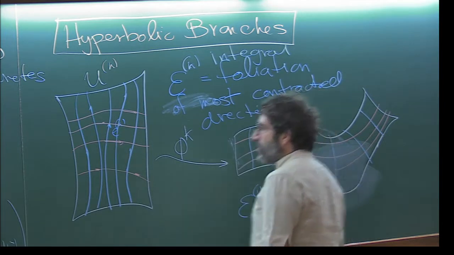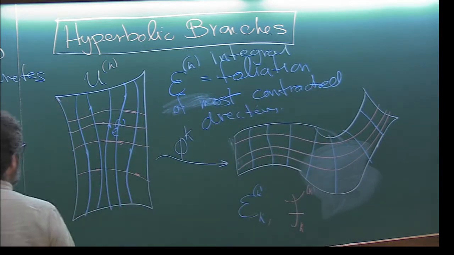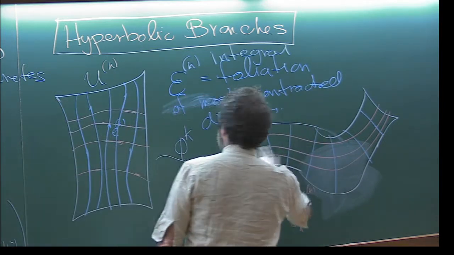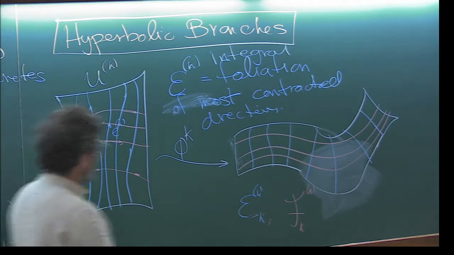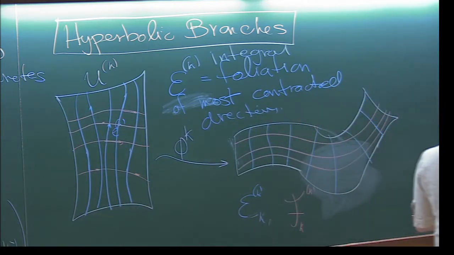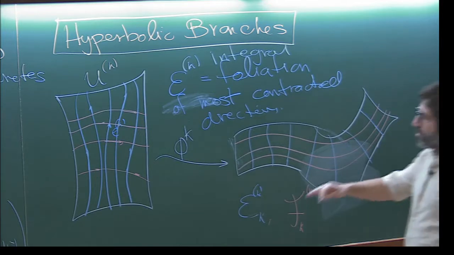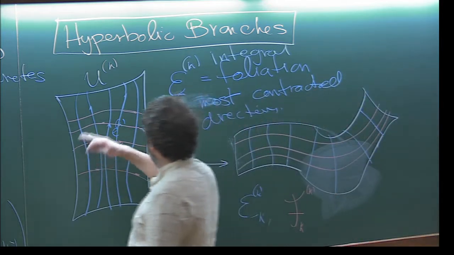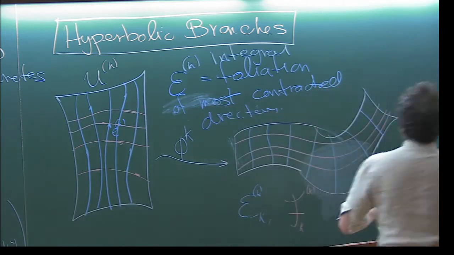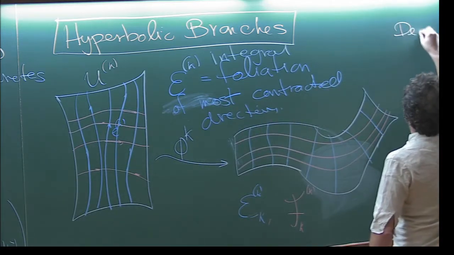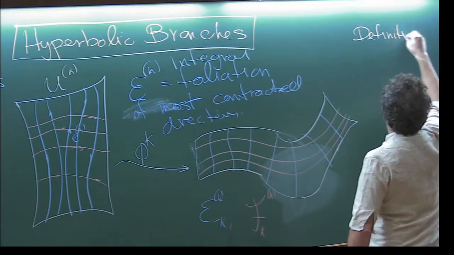Okay, so we're going to have to put a bit more conditions, of course, because we're going to want to prove something about this. So far, there's really very minimal hyperbolicity conditions. Let me give first a definition, because we will be interested in when some of these curves are horizontal. So I will define the notion of an admissible curve.